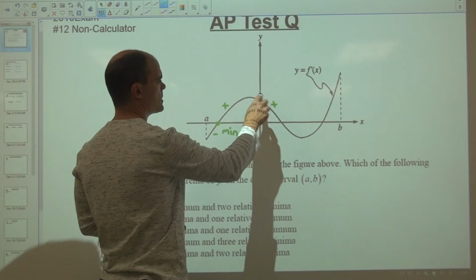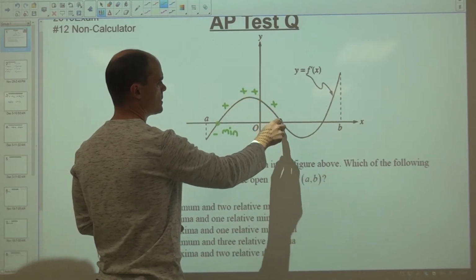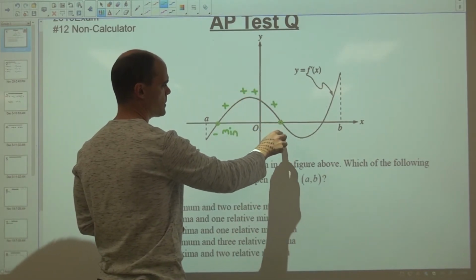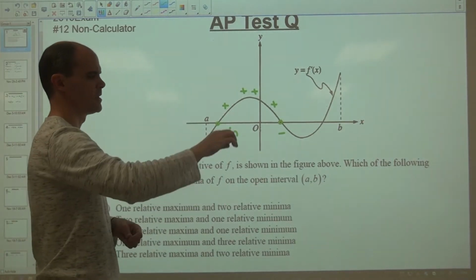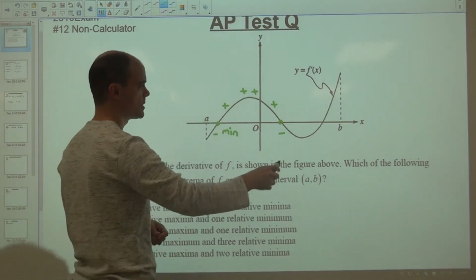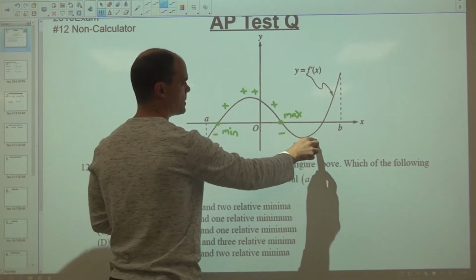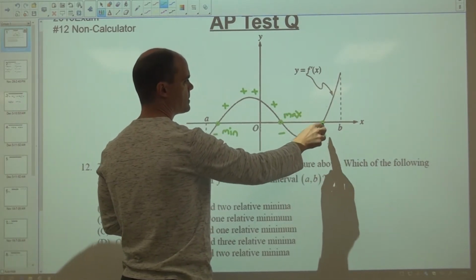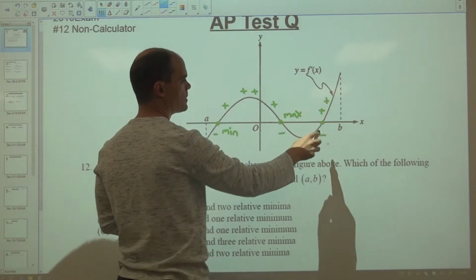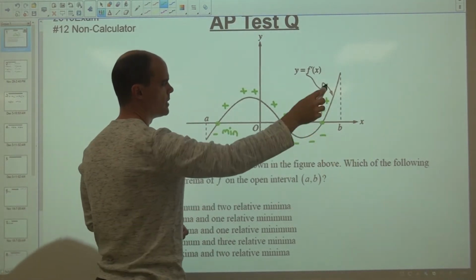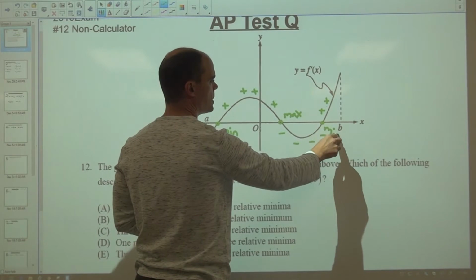Then we are increasing, increasing, increasing. Something happens and we're suddenly decreasing. Well, if we're increasing and then decreasing, this must be a max. And then we're decreasing, decreasing, decreasing. Something happens, and now we are increasing. If we go down and then up, this must be a min.